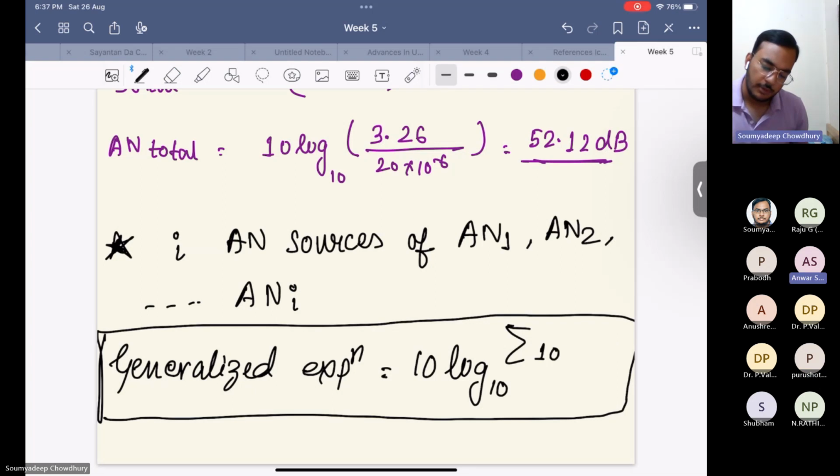It is 11.9, 10 to the power 0.1 taken. 11.9. So is the answer 11.9? The formula I had written was incorrect. Can you check once again? It is 10 log summation of 10 to the power 0.1 ANi.